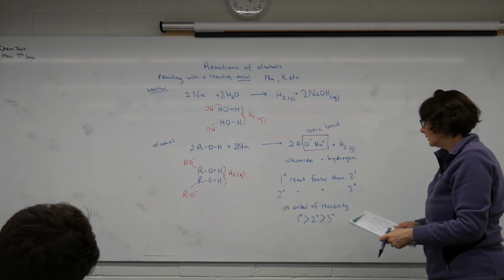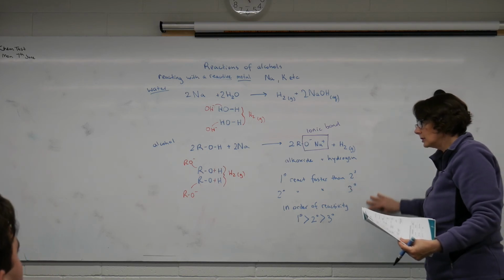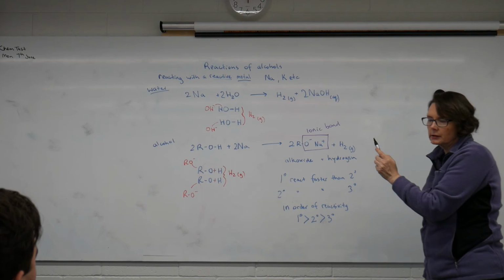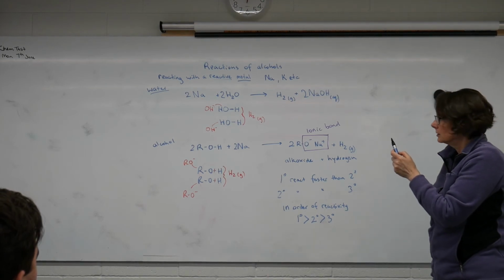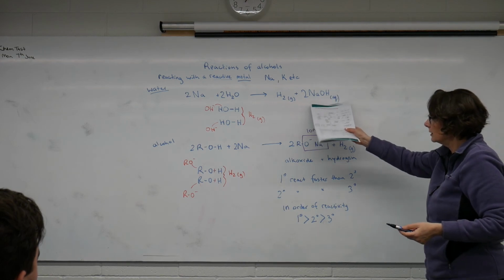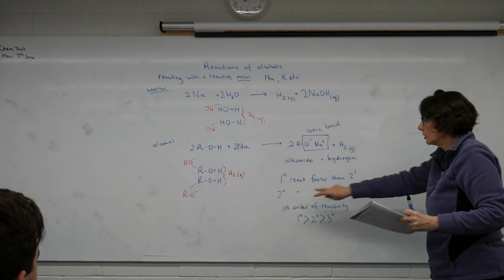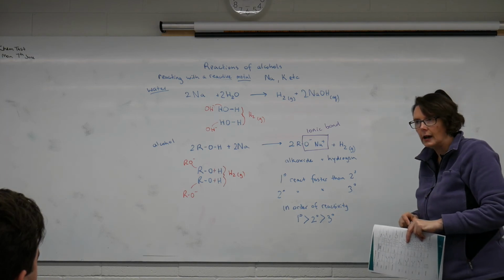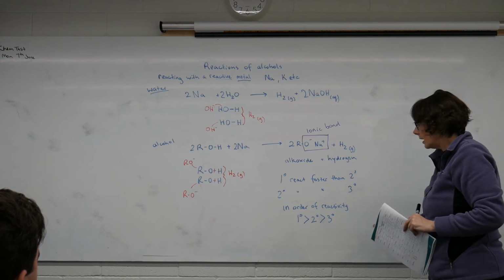Now, having said that they react faster, water is still much faster than the alcohols. So if we were comparing it against water, we would say water is the fastest, and then the primary alcohol, and then the secondary, and then the tertiary. But often you're only asked to compare within the alcohols.